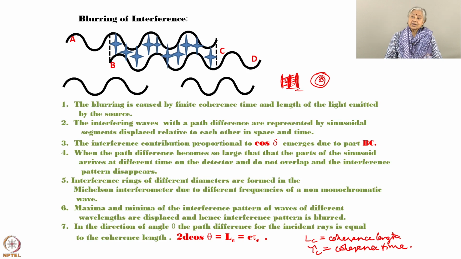Okay. So, the interference fringes in general give you an idea of the phase of a wave or the phase difference between waves, and that is the useful part.